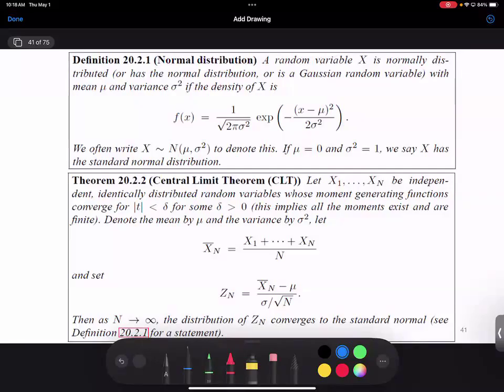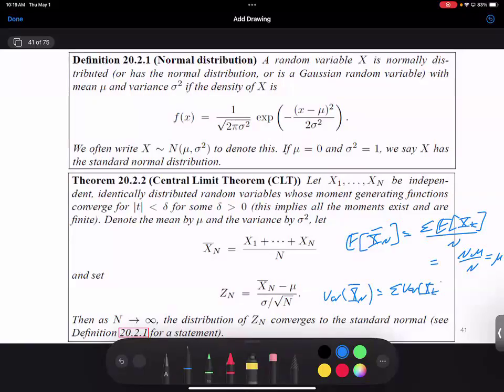Well, we know that the expected value of X n bar is just going to be the sum of the expected values of the x_k divided by n. And since they're all the same, it's just going to be n times mu over n, which is just mu. And similarly, if I want to calculate the variance of X n bar, that's going to be the sum of the variances of the x_k, and now we divide by n squared.